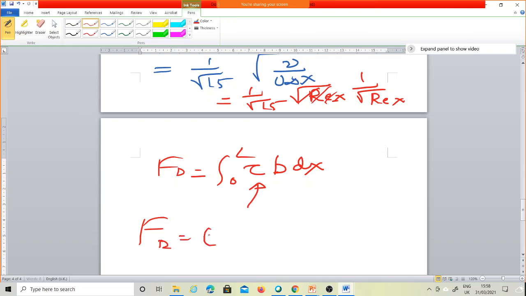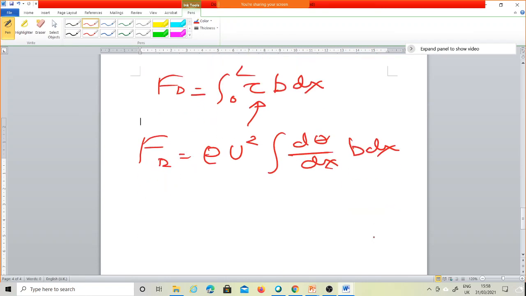So we have rho u square times the integration of d theta by dx, and then we have b dx. I just put the value of tau. If you simplify it, what you will get is rho u infinity square. D theta by dx, since you are integrating with respect to x, the dx will be cancelled out, right?